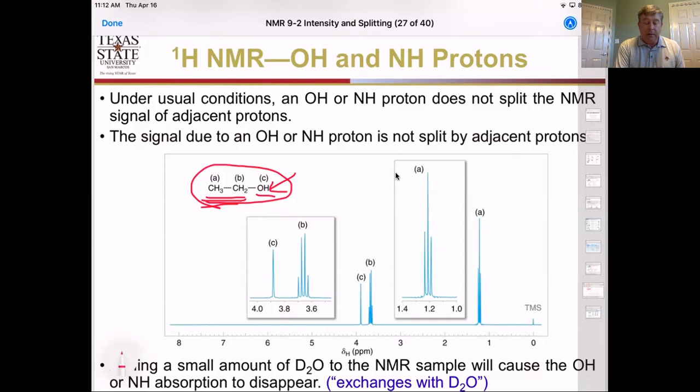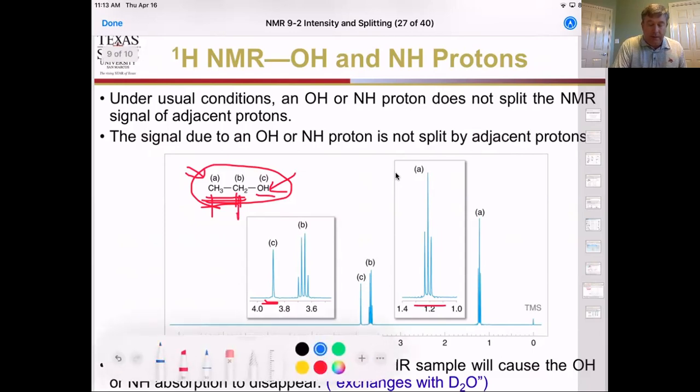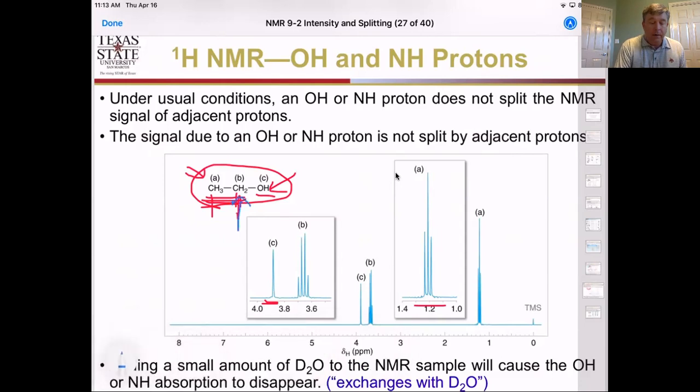So we get a single peak for C. If we look at A, we have a peak for this, and then it should be split into 1, 2 more. So we should get a triplet for that. And then our last peak here should be split by only the hydrogens on the carbon next to it.